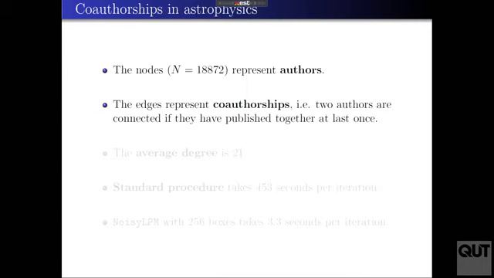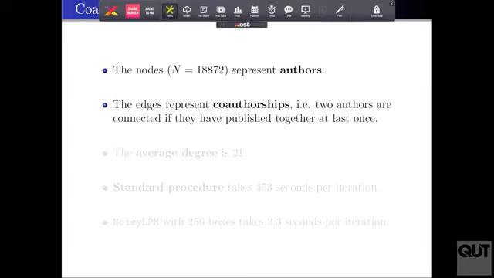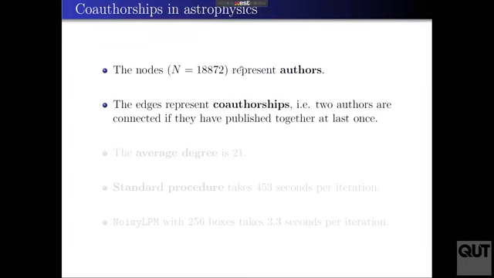Okay, I also have a real data application. Here we're looking at quite a large network. We have almost 20,000 nodes, and each node is a researcher. The edges between researchers essentially mean that they have co-authored at least once a paper that appeared on the Astrophysics archive.